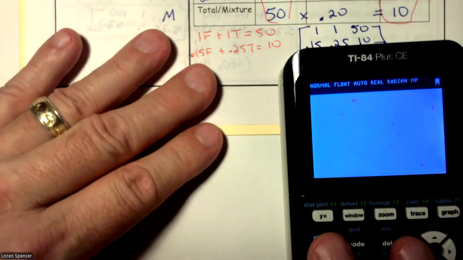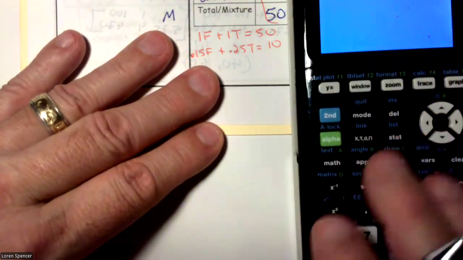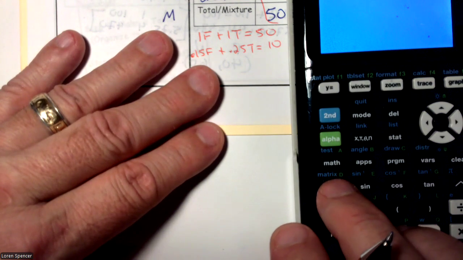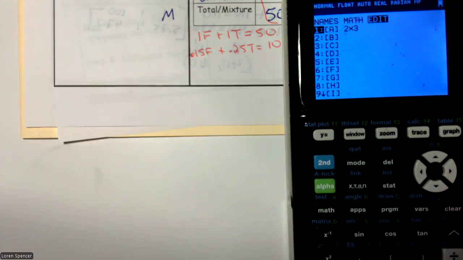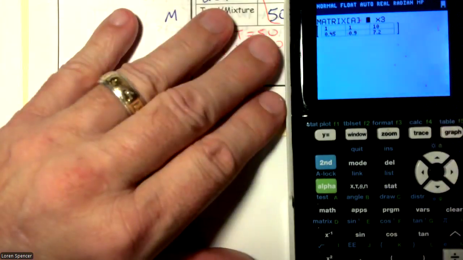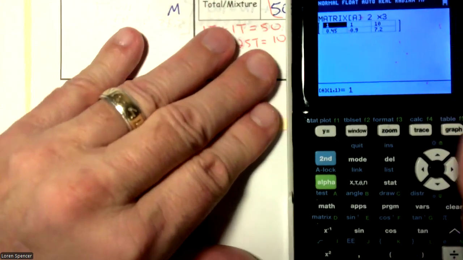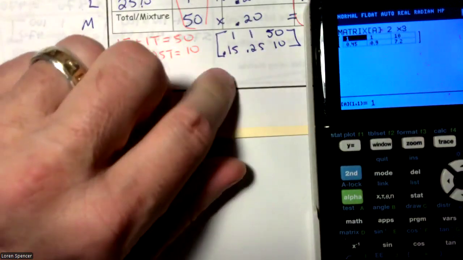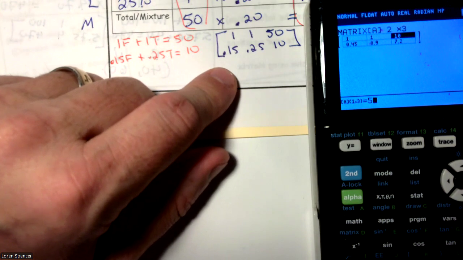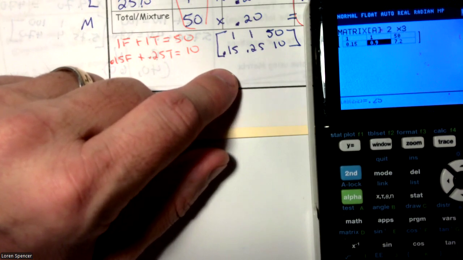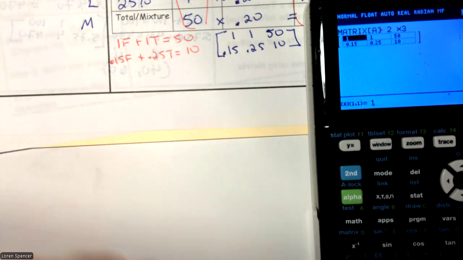So we're going to press the blue button, and then we have to drop down to the x negative 1 and press matrix. Arrow over to edit. Once again, we have a 2 by 3, so 2 enter, 3 enter. And what are we entering? We're entering 1 enter, 1 enter, and 50, and then 0.15, 0.25, and 10.